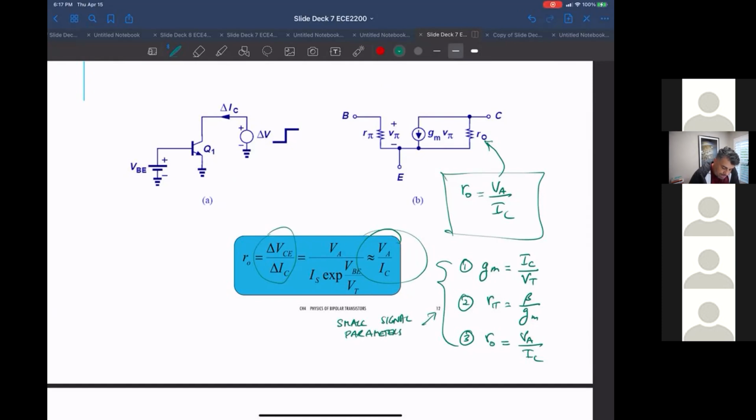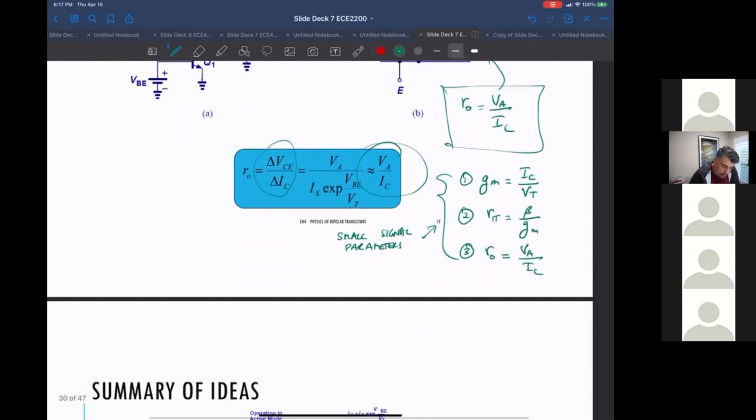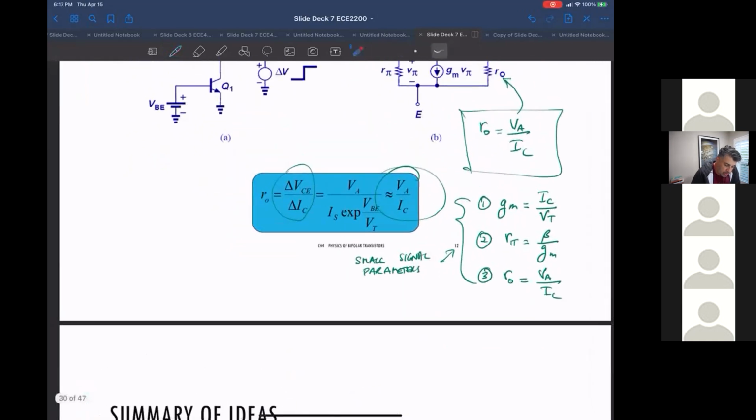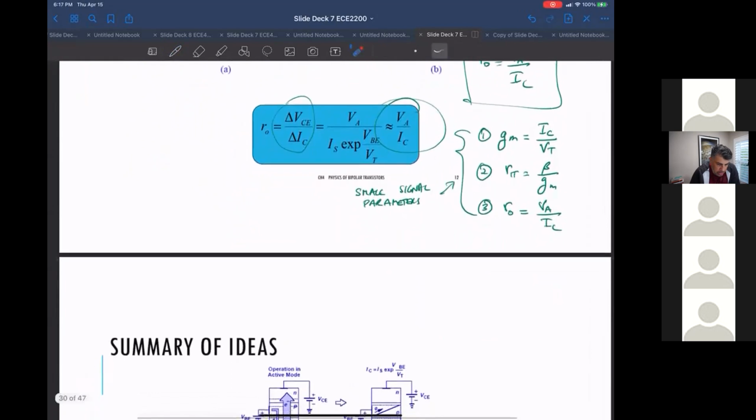As you'll see, the small signal R sub 0, the transistor's own output resistance, basically ends up setting a limit to the amount of gain that you can get out of a transistor. It's a little bit counterintuitive, but it does limit your gain.